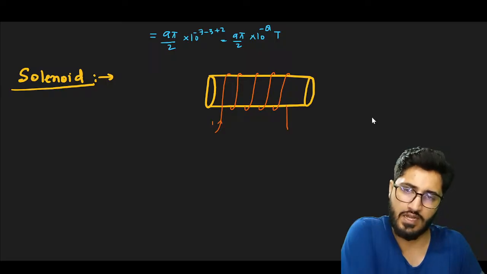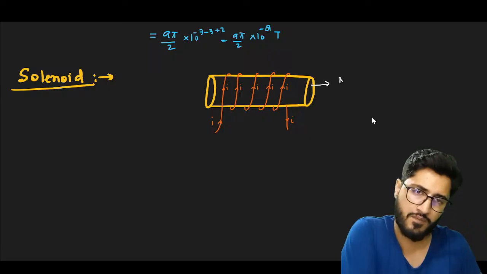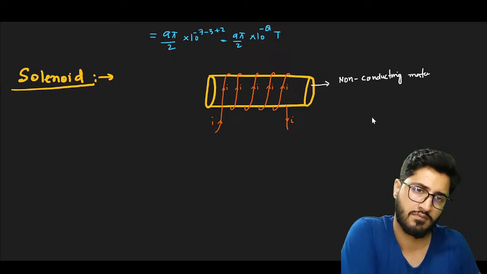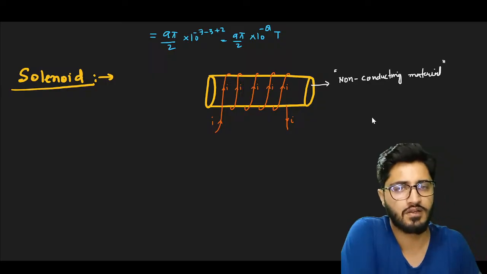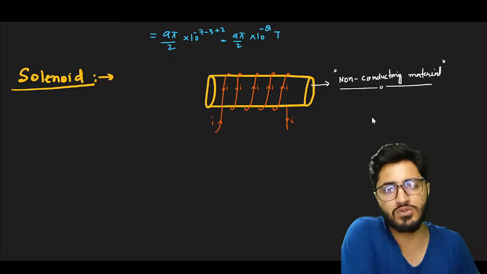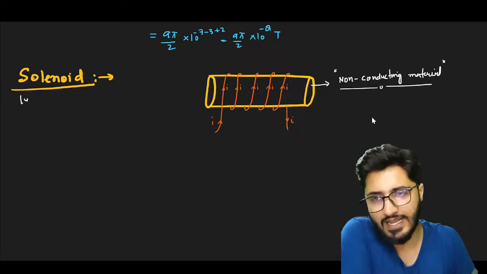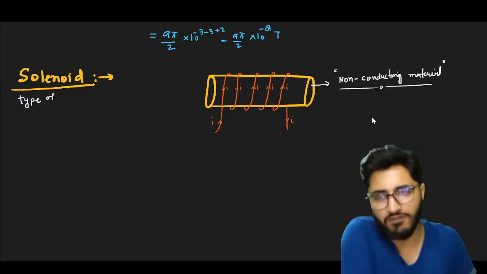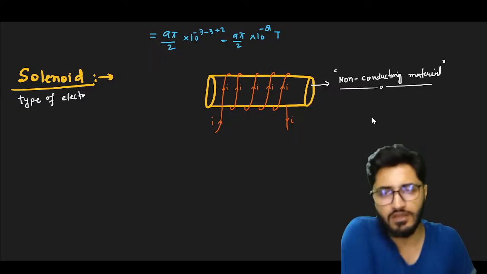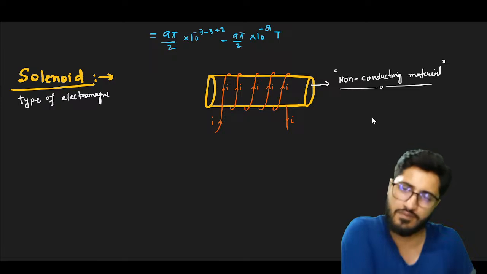And now we are giving current I. Non-conducting material, and this arrangement is known as a solenoid. You can write it is a type of electromagnet.